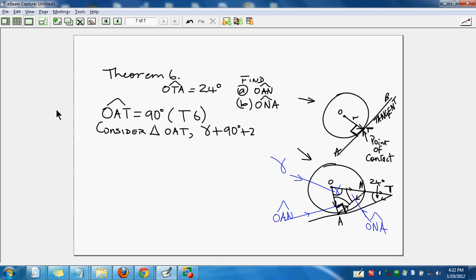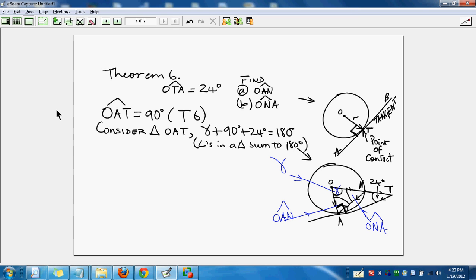Then all of that must add up to 180 degrees, right? Because the angles in a triangle sum to 180 degrees. So we put that reason here.